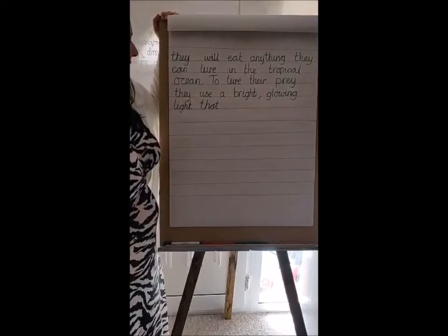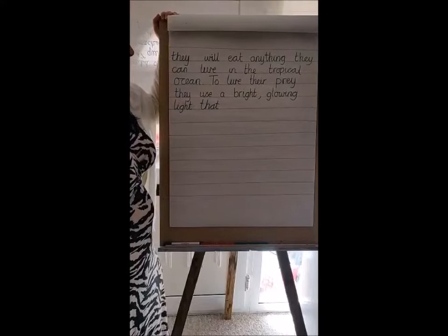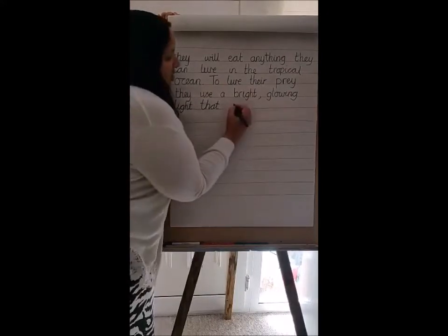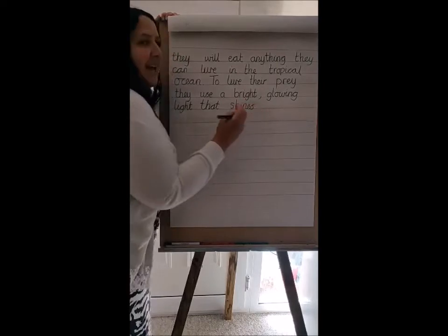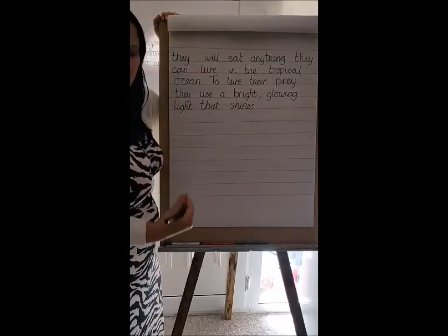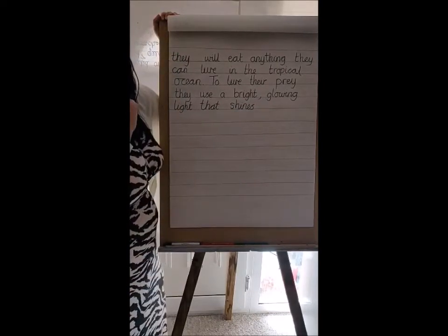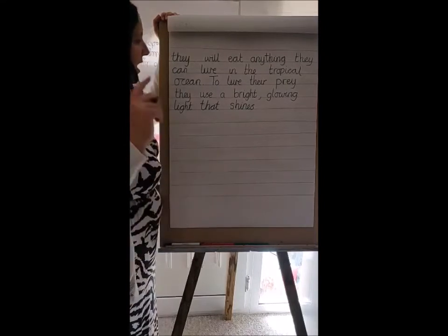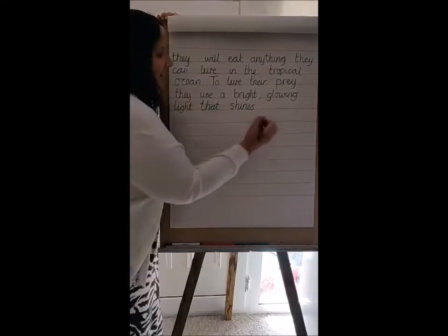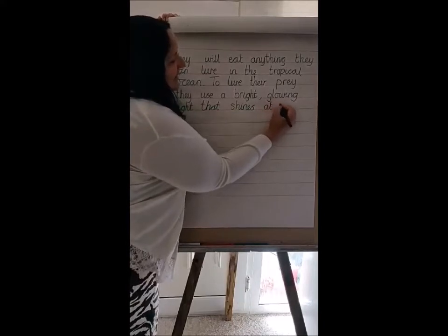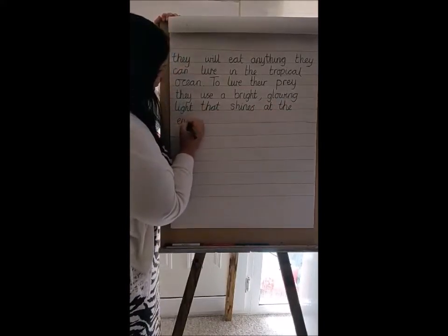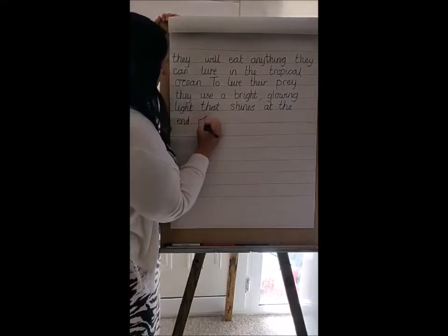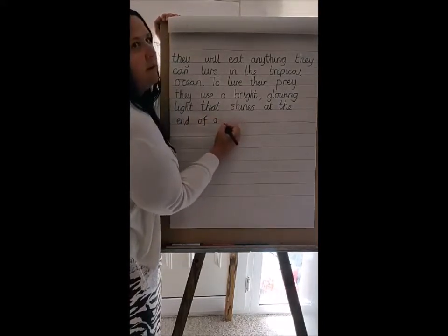To lure their prey, they use a bright glowing light that shines. Where does it shine? Remember, at the end of the spine that hangs from their chin. That shines at the end of a spine.